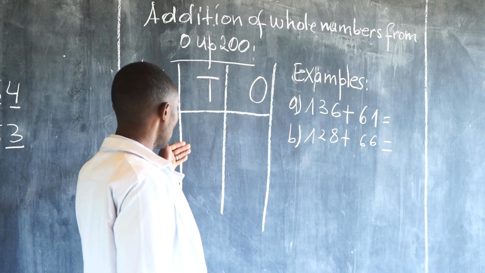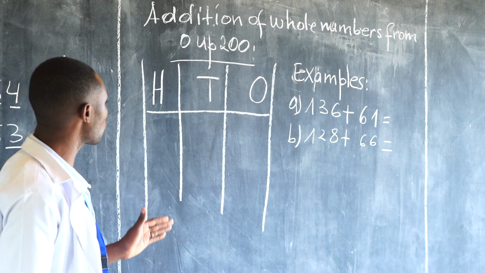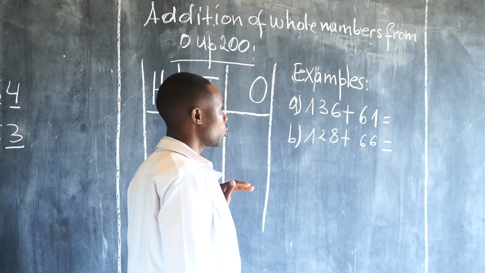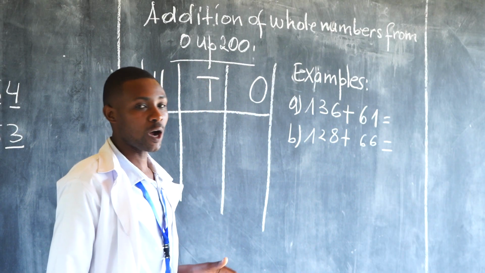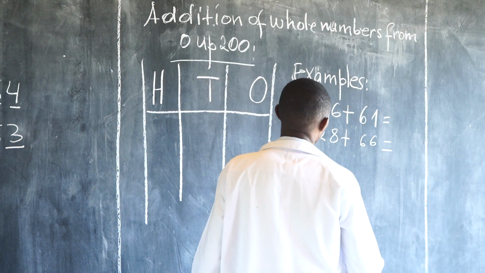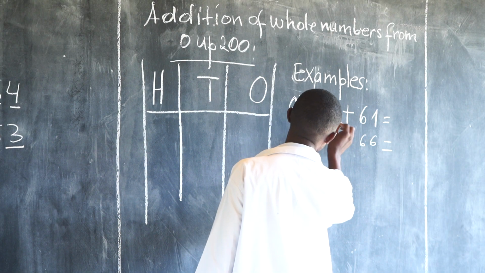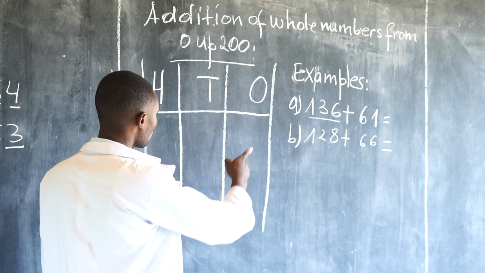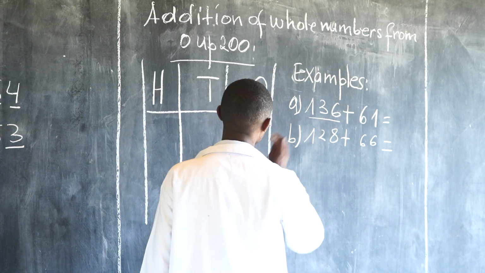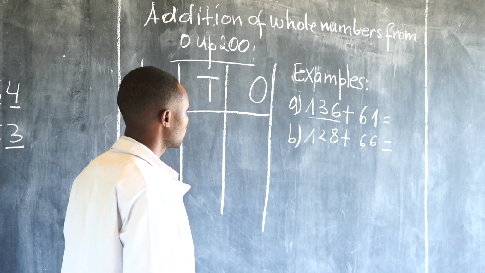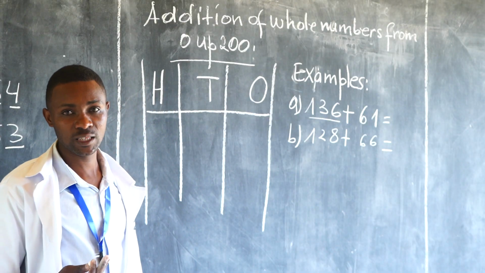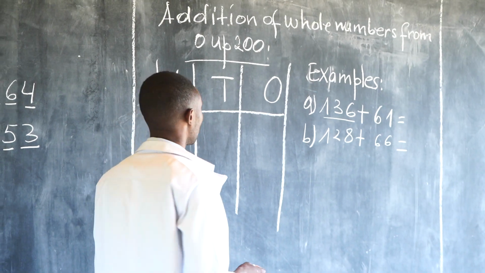Now let us see how to put our numbers in the place value table in order to make our addition. First of all, we have to see this first number. Now we are going to put our number in the place value table. Now we have already seen that we have to start with ones.